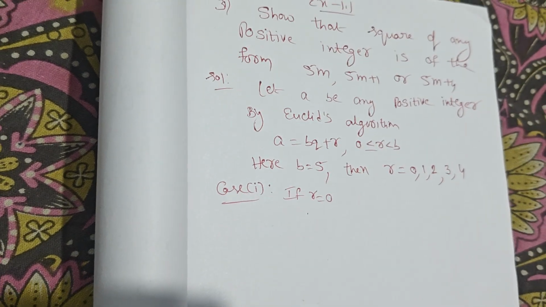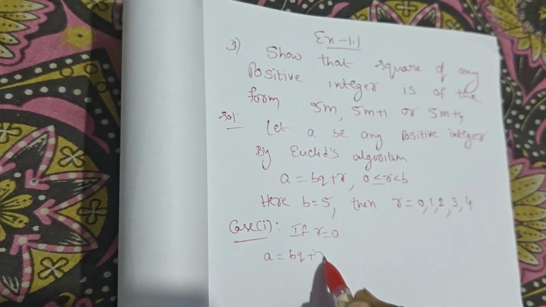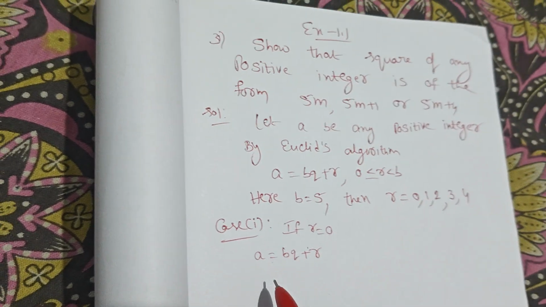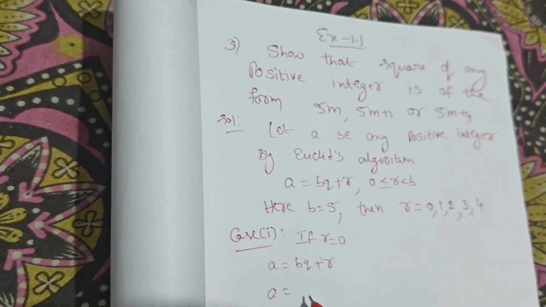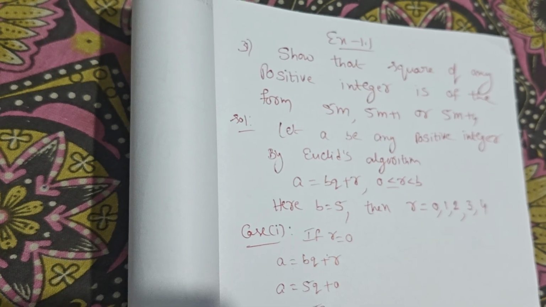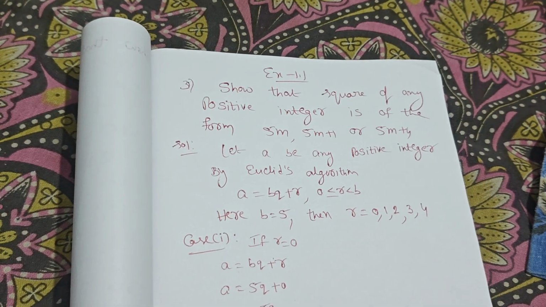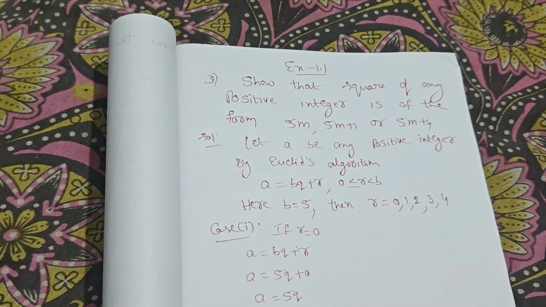If r equal to 0, see here what is Euclid's algorithm? a equal to bq plus r. Here b value is 5, so a equals 5q plus 0, that is 5q. But here what did they say? Show that the square of any positive integer is of the form.